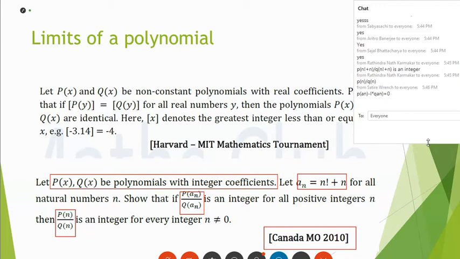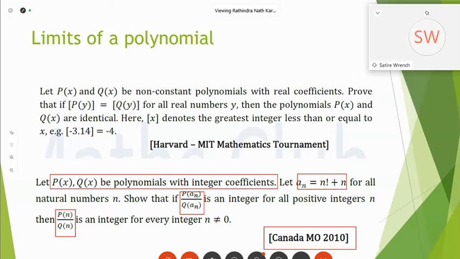It is not another polynomial function of n, or not necessarily a polynomial function of n, because that I also depends on n. I is not a constant here. It is not the same integer. I am saying it is an integer. Maybe 0, 1, 1000, different integers might be there.